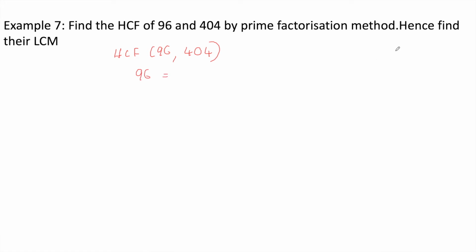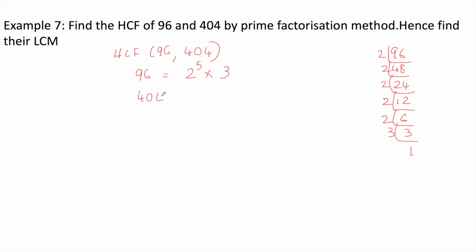For 96, to get the prime factors, we are using the ladder method. So we can write 2 raised to 5 into 3. Then 404.